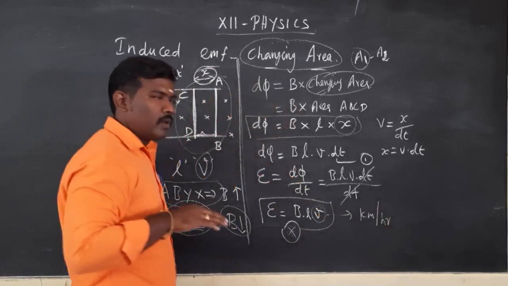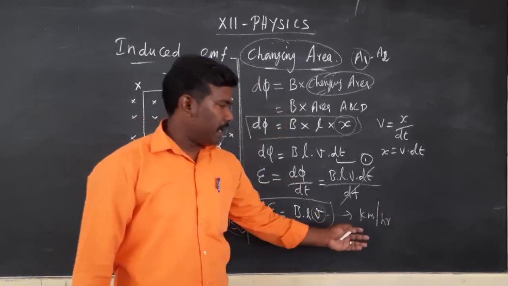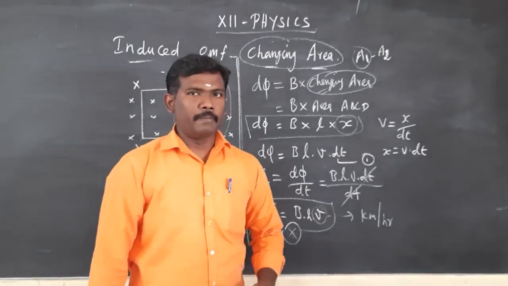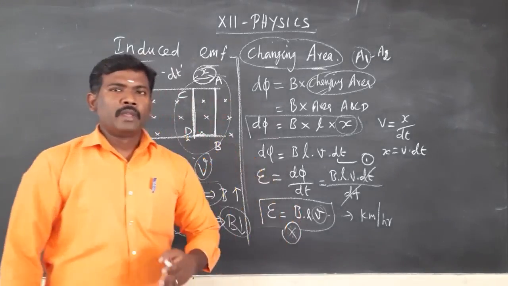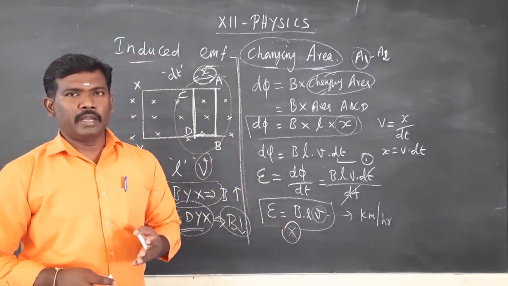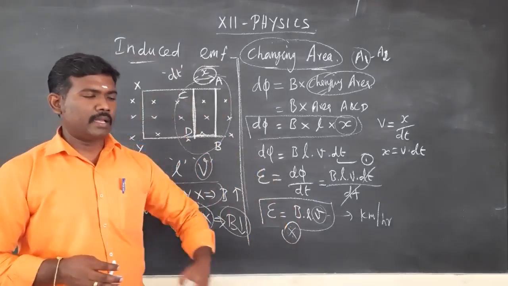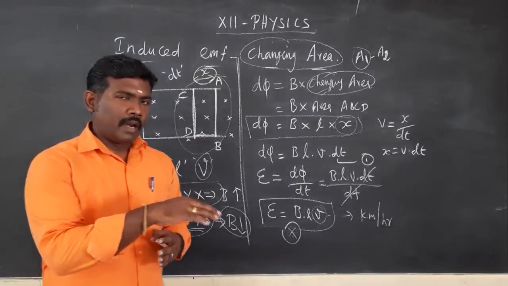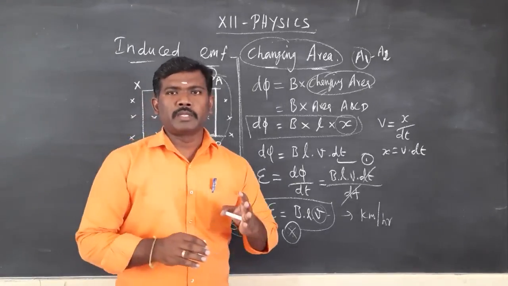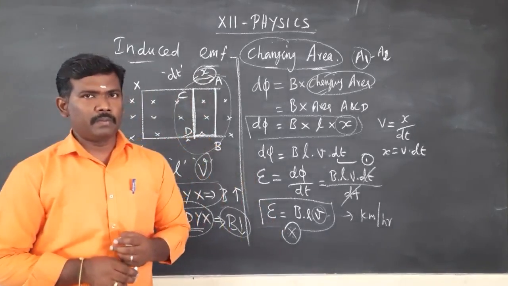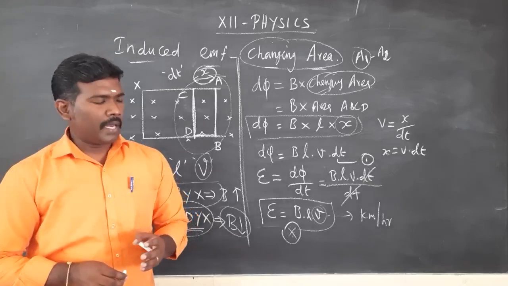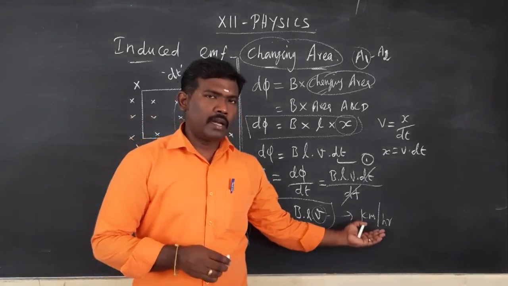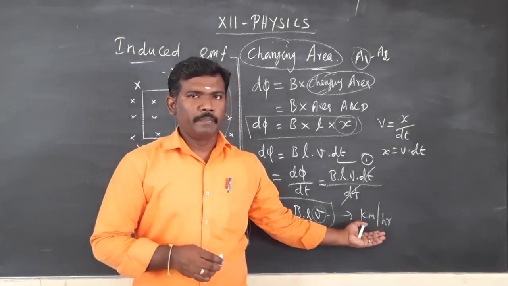If a train is moving on the track with a particular speed in kilometer per hour, you are going to calculate the EMF induced in the conducting material in the train track. When the train is moving on the track, it also produces a small amount of EMF. For that type of question, they give the data in kilometer per hour.